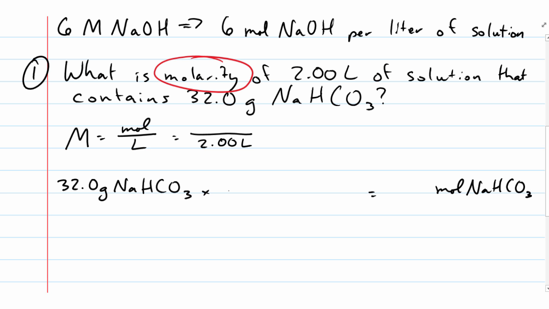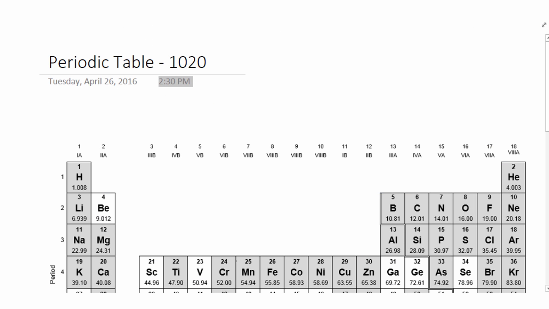And then we need to remember, how do we convert from grams to moles? What are we going to need? Molar mass. Right, we need the molar mass. And the molar mass we calculate from where? Periodic table. So we pull out the periodic table and we calculate that molar mass.